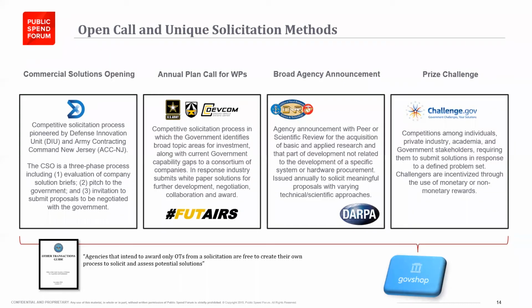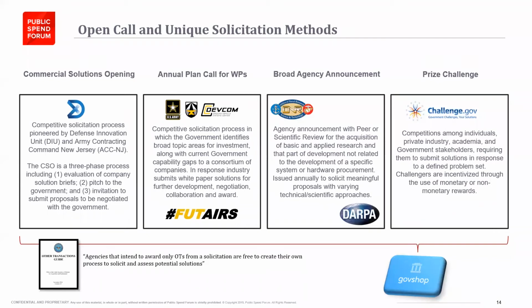And so this really was championed by DIUX, which is why I've got their logo up there, and my friends at ACC New Jersey, superstars out there, who came up with the commercial solutions opening. In its purest context, the commercial solutions opening is really a solicitation method to go into OTA. However, it has been adopted by the civilian agencies in different versions.